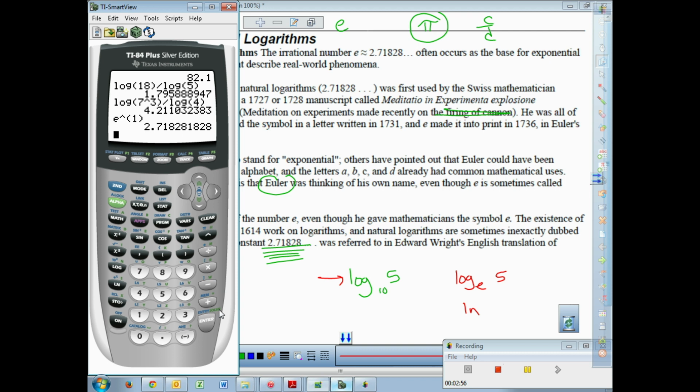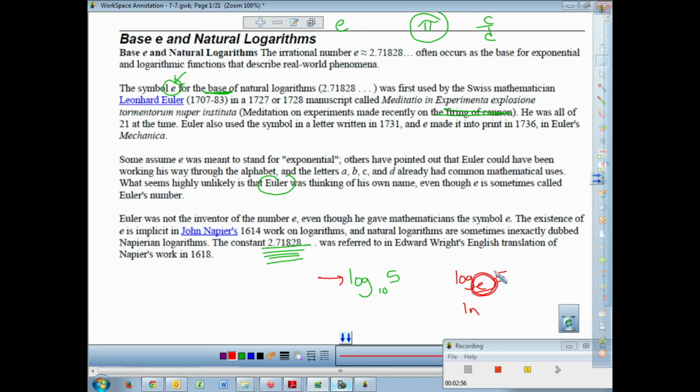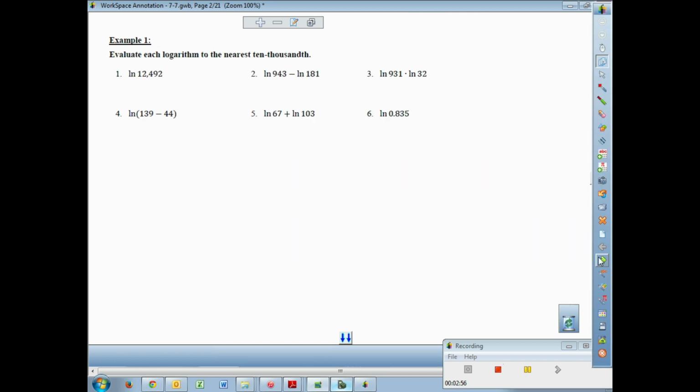It's the number e. So realize whenever we have an e in our problems, we don't want to use regular common logarithms. We would much rather use natural logarithms. Okay? So let's dive into some problems right here. Evaluate these logarithms to the nearest ten-thousandth. Well, natural log has base e every time.